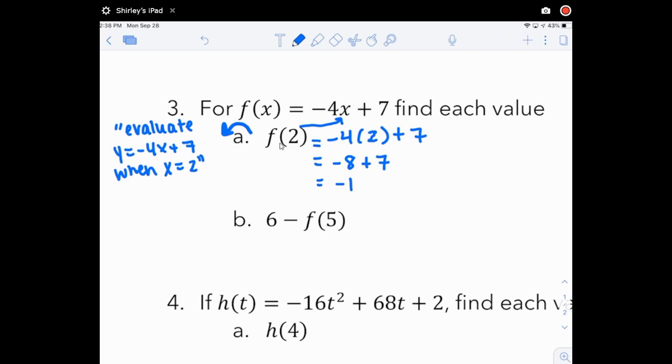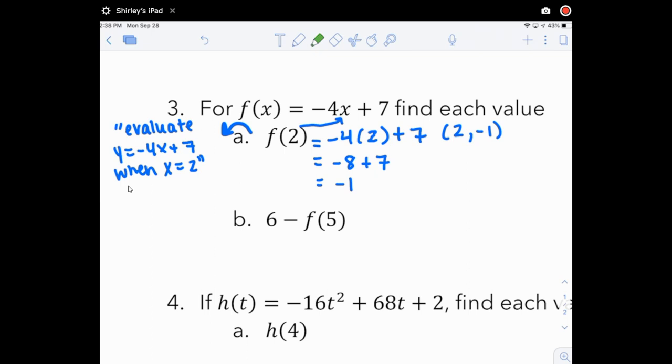So f at 2 is equal to negative 1. That means if I was graphing it, or talking about that coordinate point, my x value would be 2 and my y value would be negative 1. Again, function notation is just a really fancy way of doing all of the stuff that we did a couple weeks ago with evaluating.